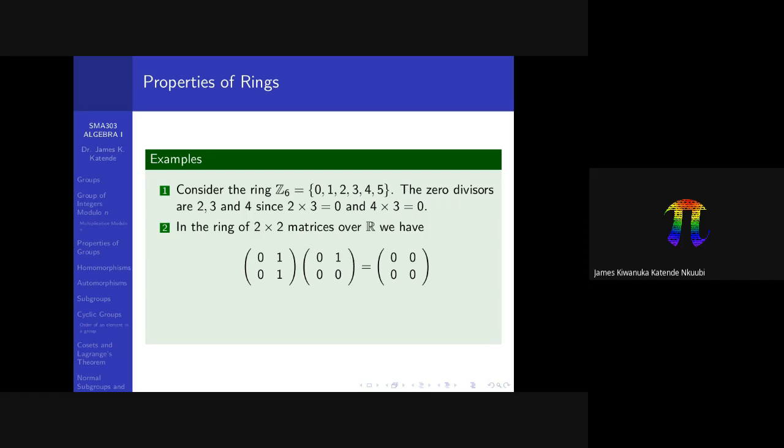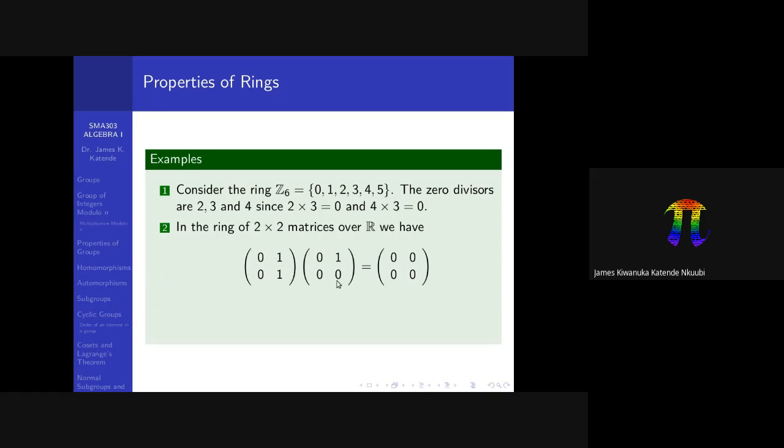So here, there's a typo here, I think. No, I think it's fine. If you multiply these two matrices, you will get the zero matrix, right? Yeah, it's true. So you have two non-zero matrices which are multiplied and we obtain the zero matrix. So this one will behave like a left zero divisor.